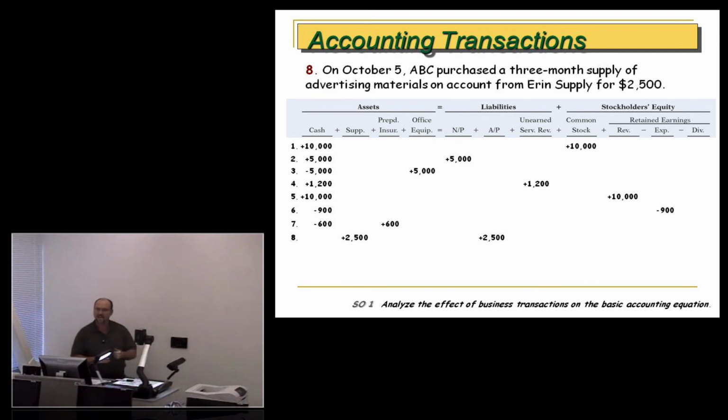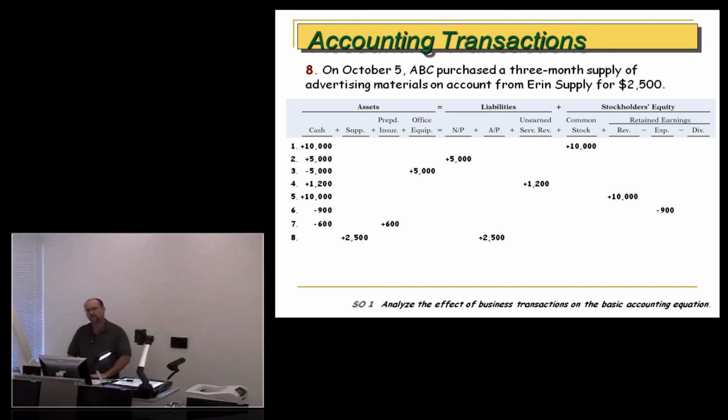So supplies is an asset, so assets increased, and this is what's called a vendor. And vendors, when we owe them money, when we buy on account, accounts payable increases. So when we purchase on account, we're going to record an asset, supplies, and a liability, accounts payable. We owe them that money. We're going to pay that to them in the future.